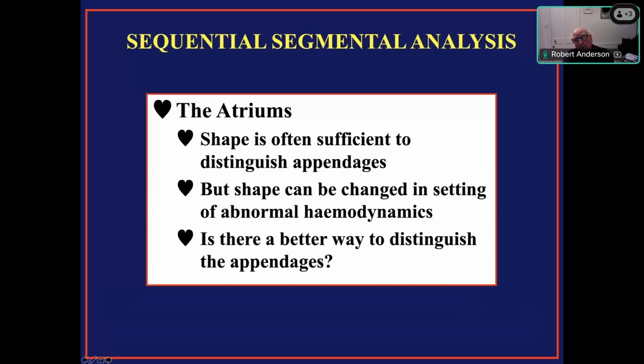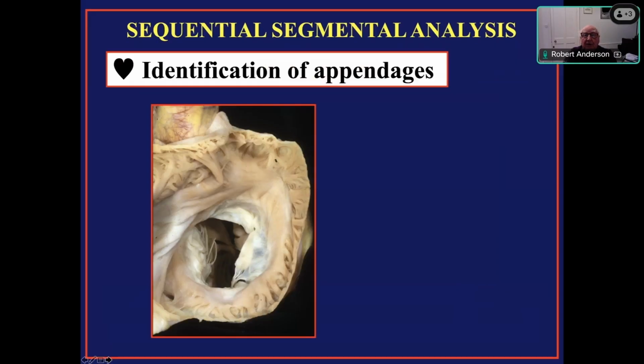So we asked the question, is there a better way to distinguish between the atrial chambers? And a Japanese fellow who came and worked with me in London, called Hideki Uemura, pointed out on analyzing a large series of hearts that if you look at the right atrioventricular junction, as you now see to your left hand, the pectinate muscles in the morphologically right atrium go all the way around the atrioventricular junction.